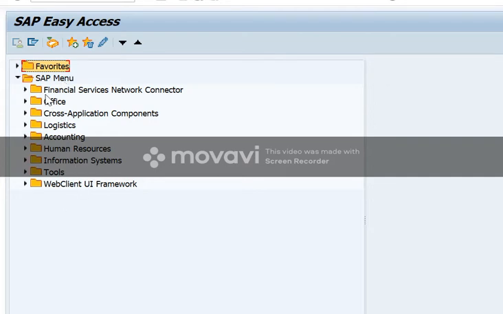So basically, the SAP menu is the place wherein we execute a particular transaction, and depending on the function, we do have functional modules, and we do have technical modules within SAP. So depending on the area of expertise, we generally make use of those transactions that are coming under that particular module.